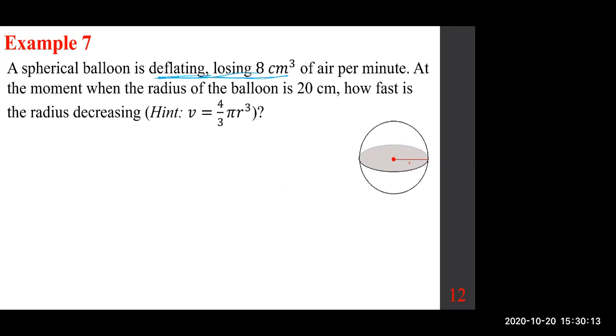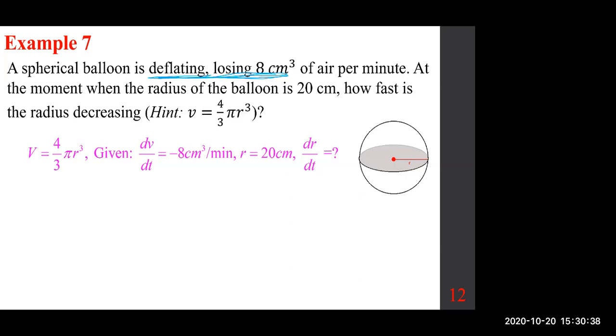That's really the main reason I picked that. So everything else is a repeat of the very first question we did. So the volume is 4/3 pi r cubed. dV/dt is -8, and that's what I want you to pay attention to, because it's losing air, or deflating, minus it. Other than that, it's the repeat of the same question, just the numbers are different.